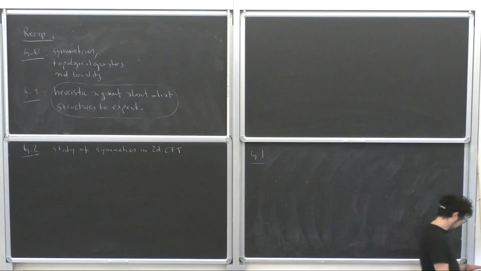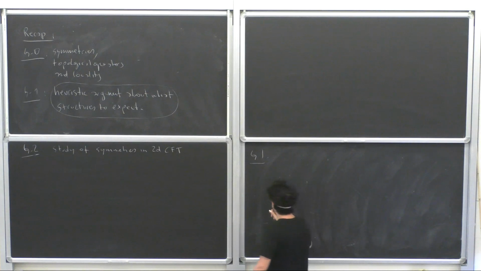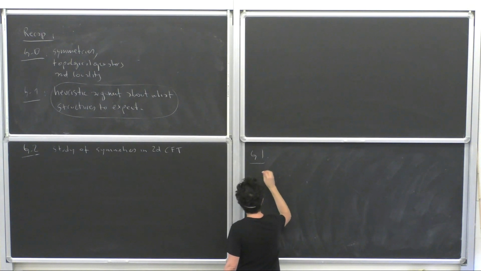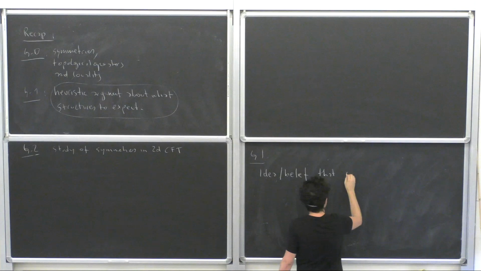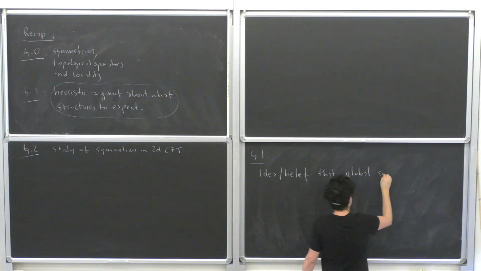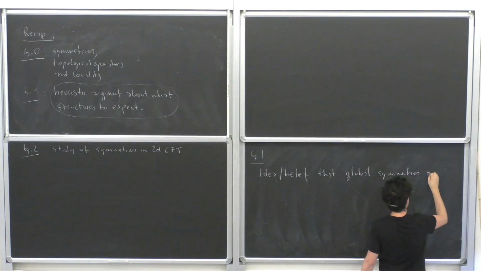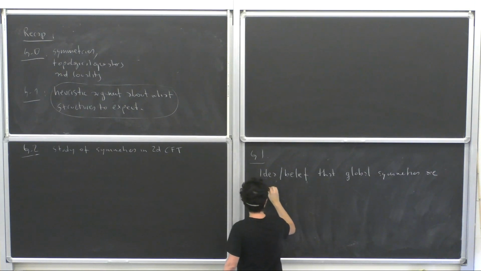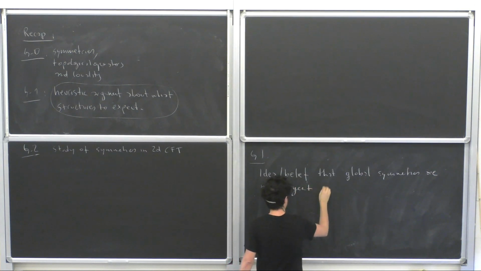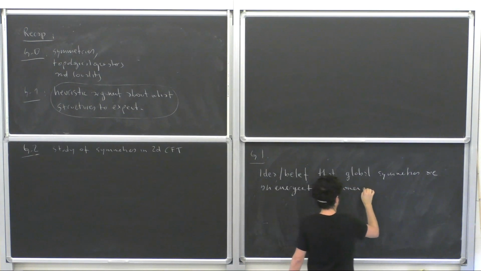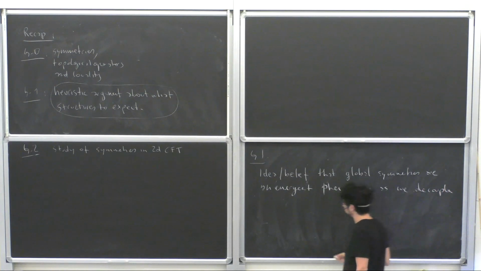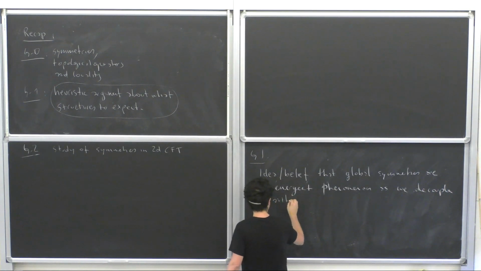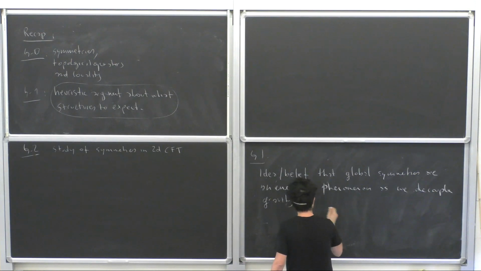So at least one thing I hope you remember is the belief that global symmetries are an emergent phenomenon, no? As we decouple gravity and we land in an effective field theory description.